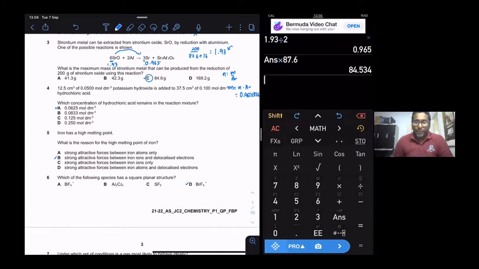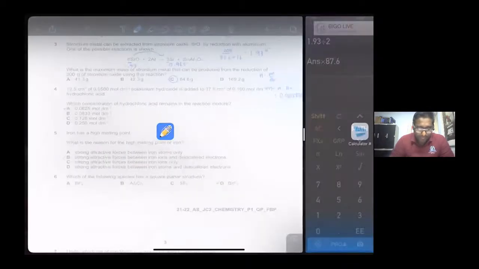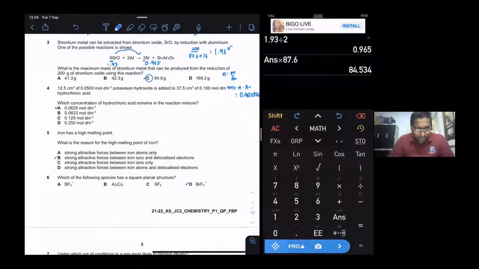So let's move forward to the next one. I'll just leave the calculator over here, maybe we will still use it. So 12.5 cm cube of potassium hydroxide reacting with the HCl. I'll write down KOH plus HCl gives KCl plus H2O.